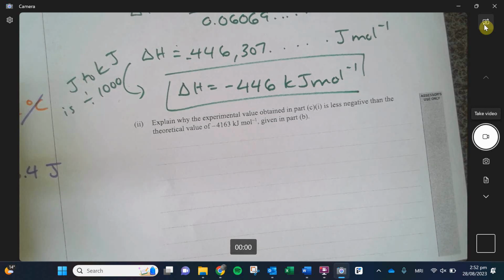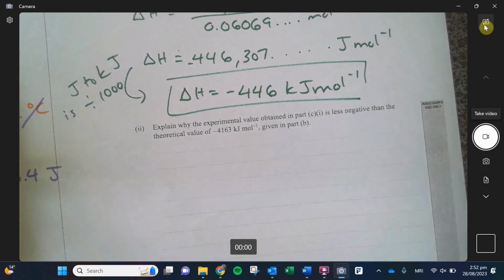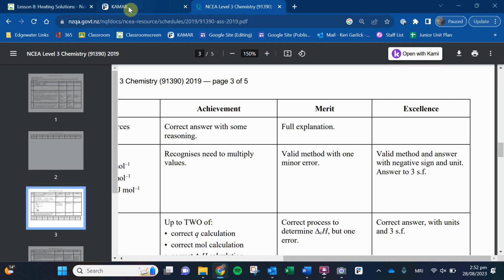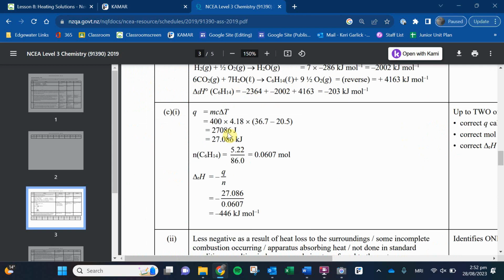Did I do something funny? Why? It's less negative. Why is that number different from my number? Hold on, let me just check the NZQA answer, because I might have forgotten a zero somewhere. Let's see.